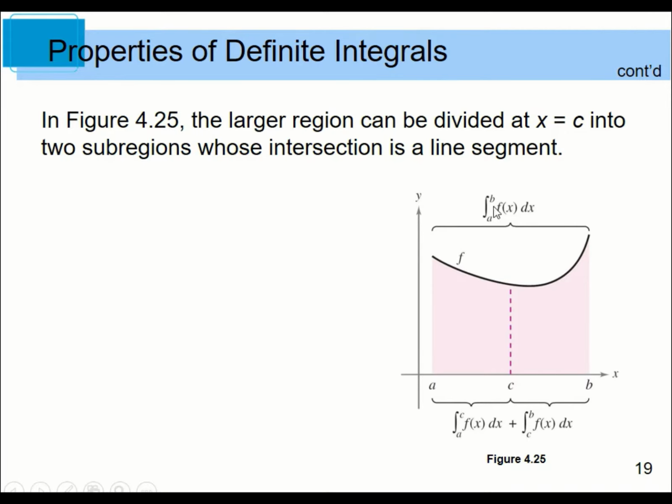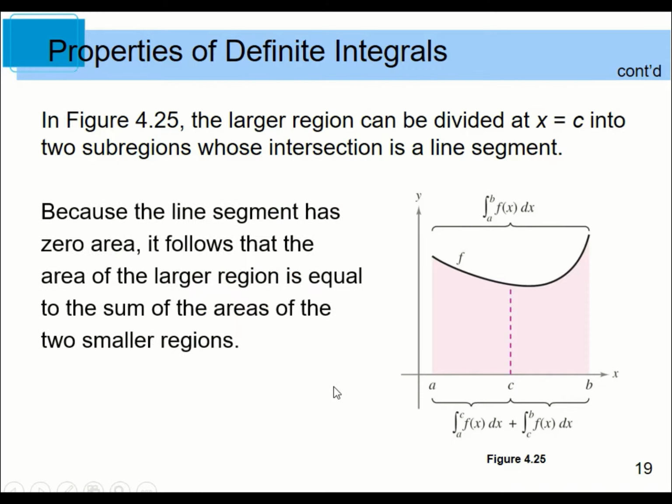And when we integrate the whole thing from a to b, we can just sum these two areas. Because the line segment has zero area, the area of the larger region equals the sum of the areas of the two smaller regions.